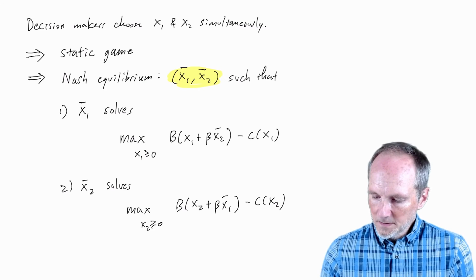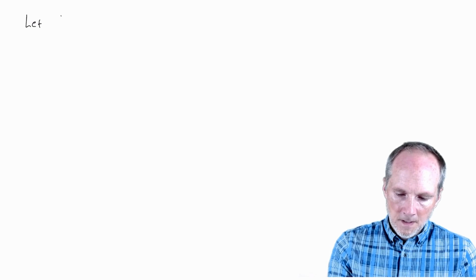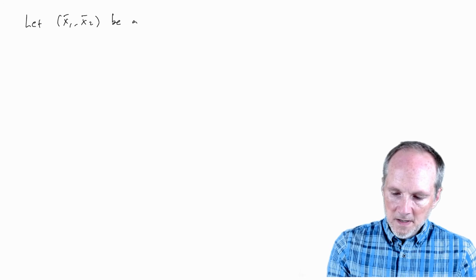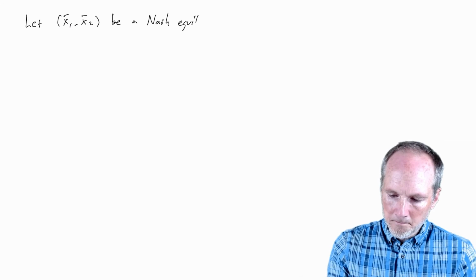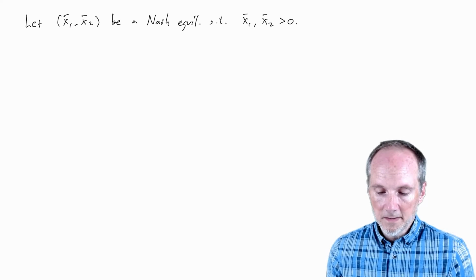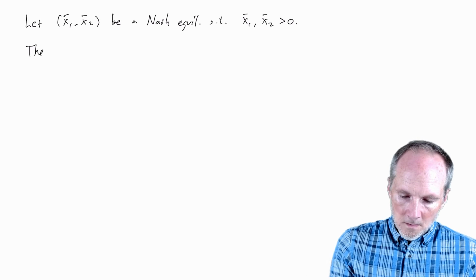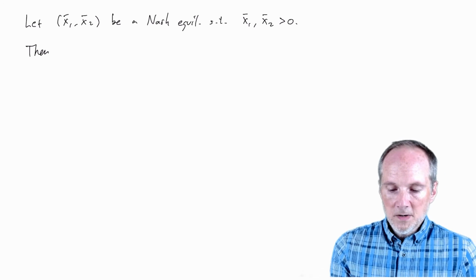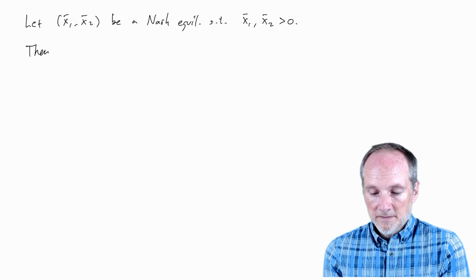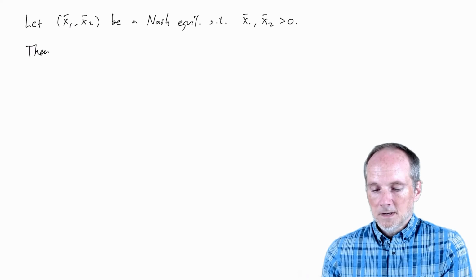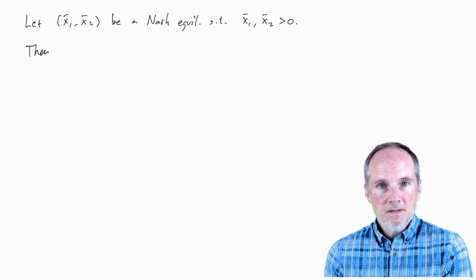So let x1 bar, x2 bar be a Nash equilibrium such that both of these activity levels are strictly positive. Okay, so since person 1 is solving their maximization problem, well, we know that their activity level is optimal, so it's going to maximize their problem, so the first order condition has to hold.